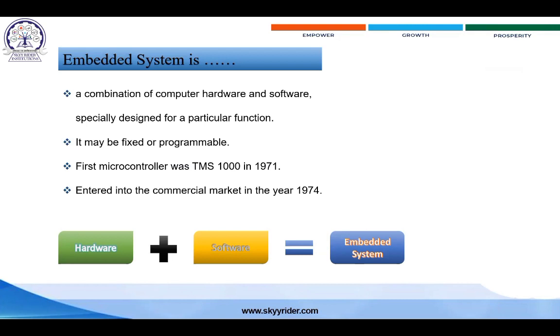When we go to the history of the embedded system, it was introduced in 1971 with the first microcontroller named EMS 1000, and it went to the commercial market in the year 1974. That is the information about what an embedded system is and when it was invented. Basically, an embedded system is software plus hardware.